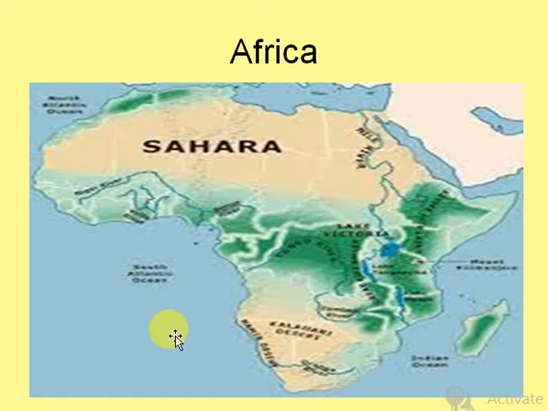The Sahara Desert. Look at the map carefully. The world's largest hot desert is located in Africa. The continent is bound on all sides by ocean and seas.